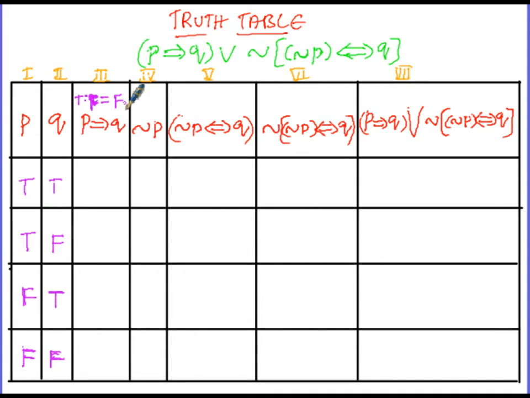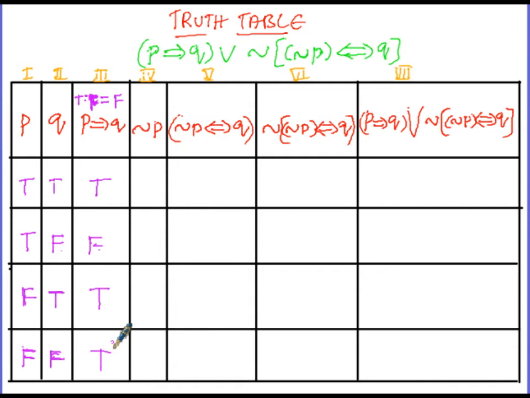So here let us find out P implies Q. We have to see first in column number 1 and then in column number 2. So here it is TT. This second row is T and F. So when P is T and Q is F, then P implies Q will be F. So TF will be F and the remaining will be true.